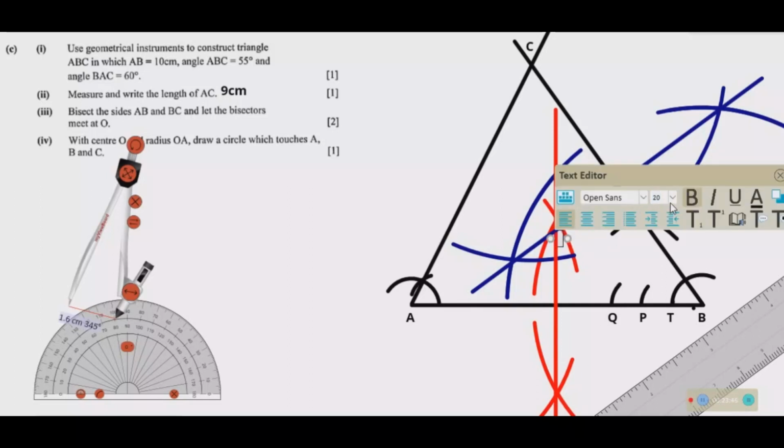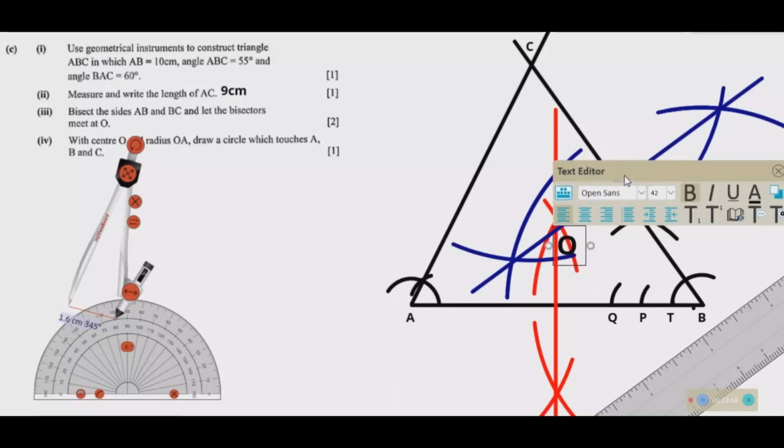Okay, to make it more visible, I'm going to use a bigger letter. Okay, that is O there. Let me just lift it a bit.